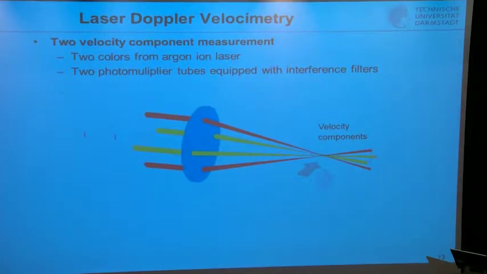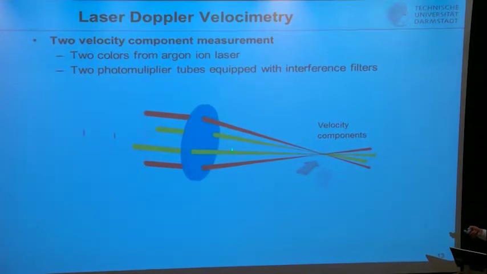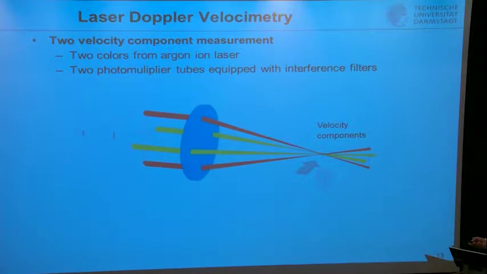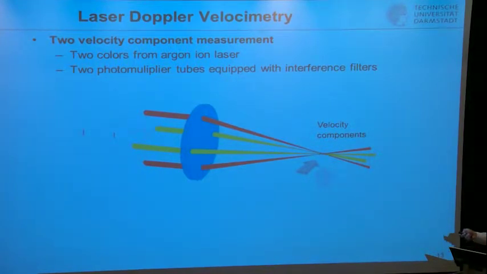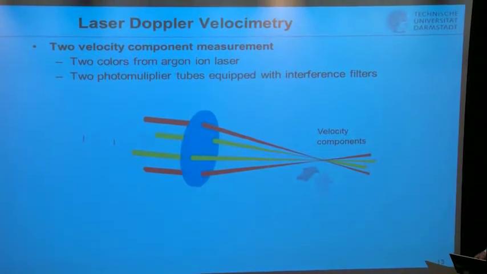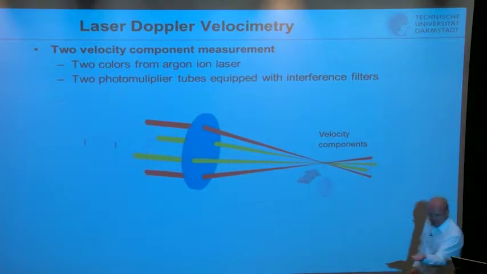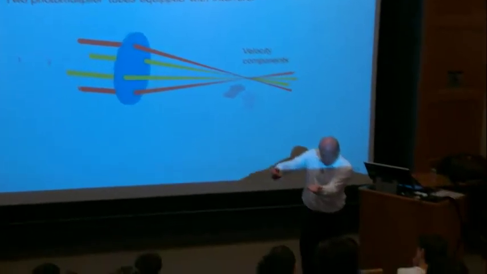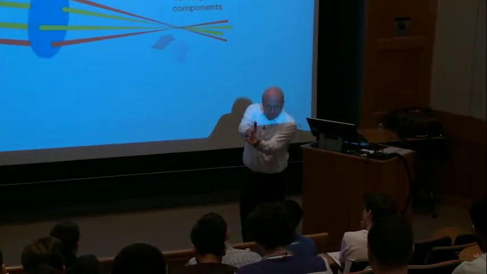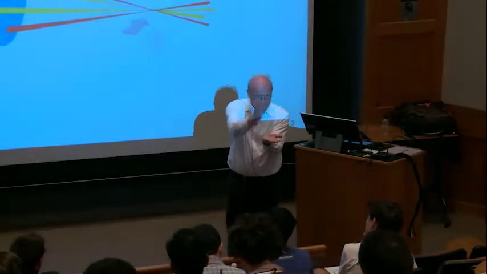And to have more than one component, you use now different colors. These are shown here in yellow and red. Maybe it would be better in argon ion lasers, it would be green and blue, where you then have, I do it with my hands, interference pattern in this direction for this velocity component, and an interference pattern in this direction for this velocity component.